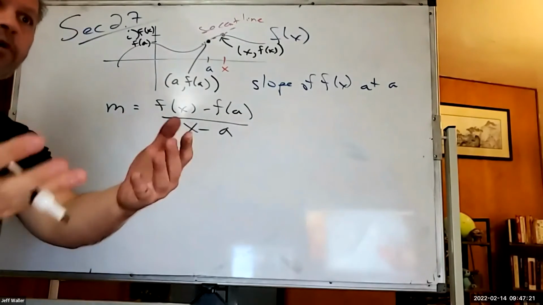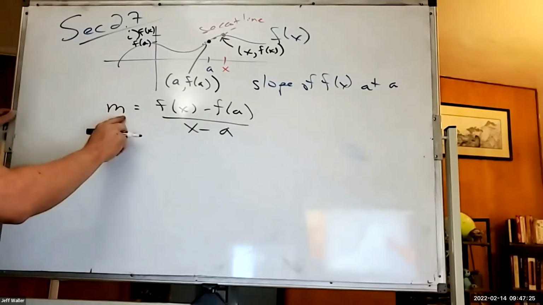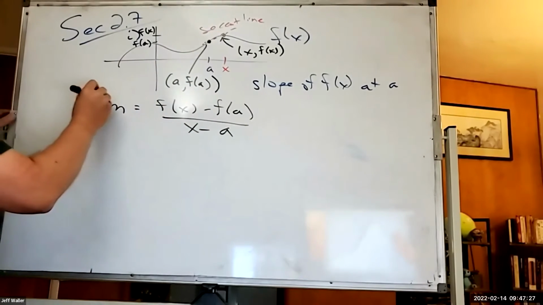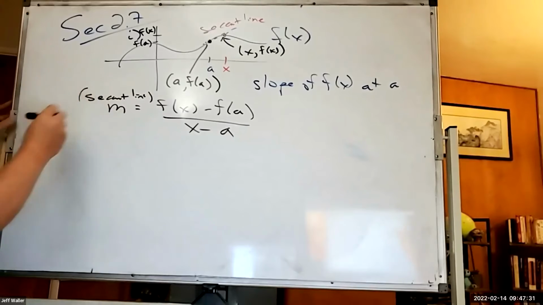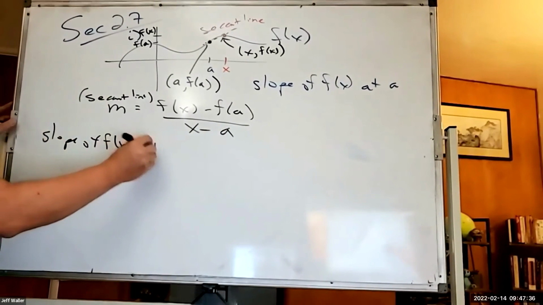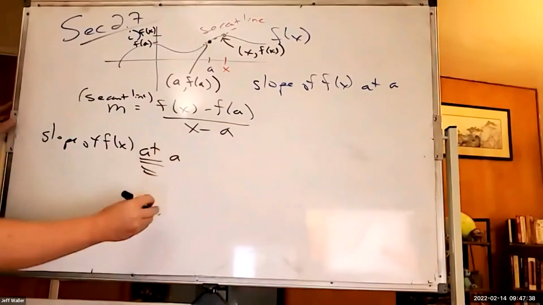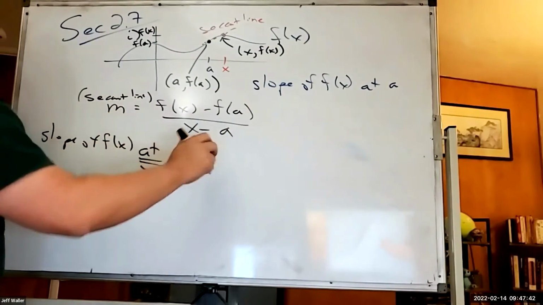Now, here's where this becomes calculus. This is the slope between those two. That's the secant line slope, right? How do I get the slope of f of x at a?